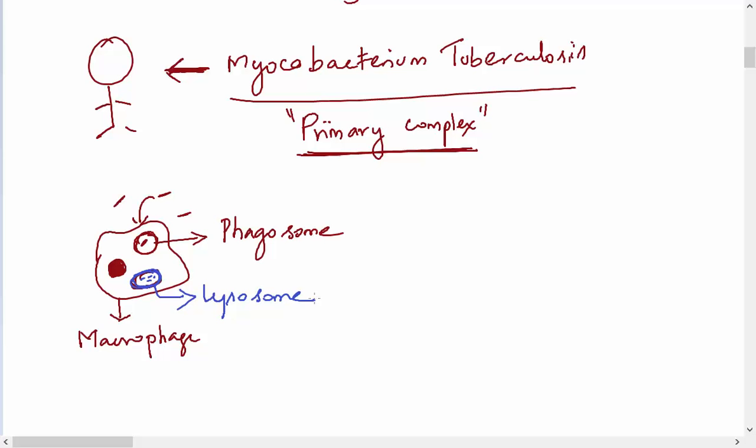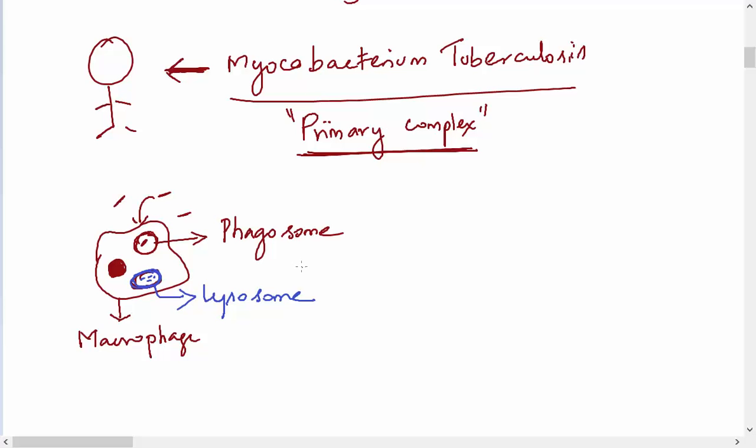Lysosome has powerful enzymes to destroy the bacteria. Normally they do that. But mycobacteria are so powerful, they will not allow this process. Mycobacteria are strong bacteria. They will stop the fusion of phagosome with lysosome.